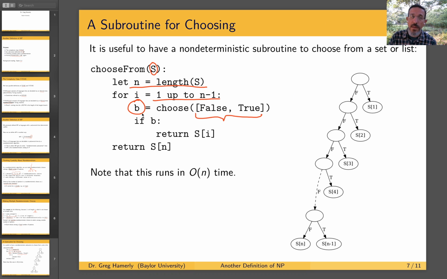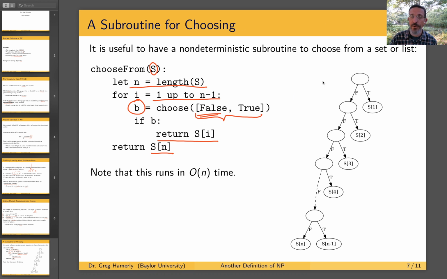If the value that the branch gets is true, then it simply returns the ith element of the list. And if it's false, then it loops back again and makes another non-deterministic choice. And finally, if B has been false every time we make this choice, and we never returned early, then at the end, we return the last element of the list.